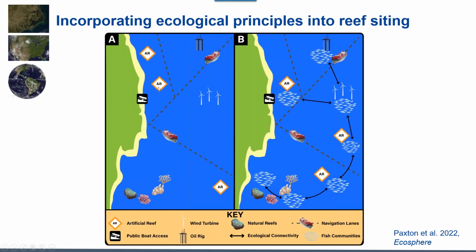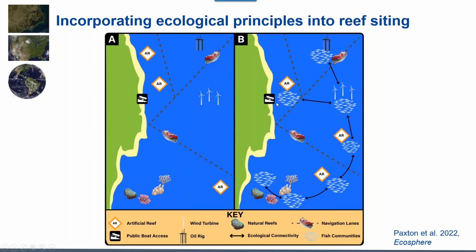They are often sited with key considerations like distance from boat ramp and thus ease of stakeholder access in mind. They are also sited to deconflict other uses spatially of the ocean, such as with shipping lanes or military zones, and are often sited far away from other built structures and naturally occurring reefs.